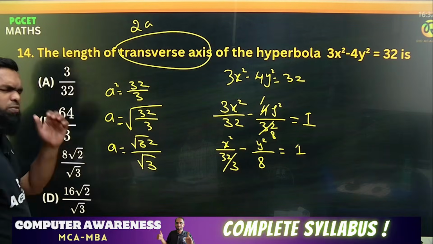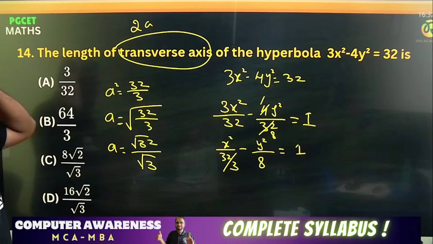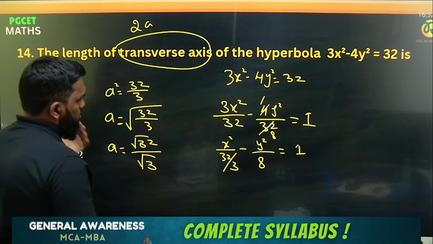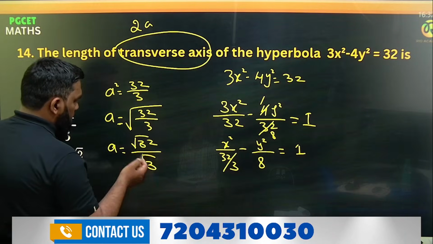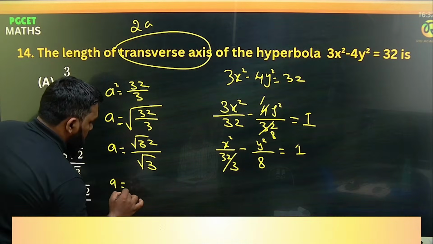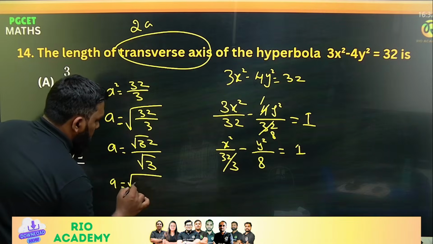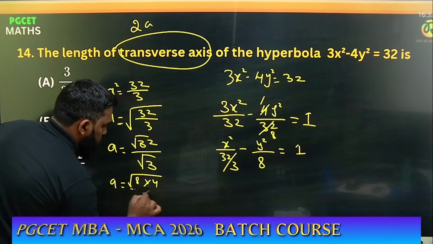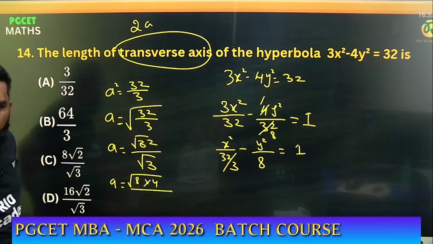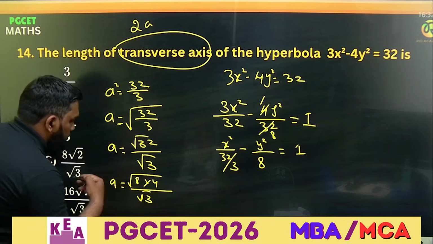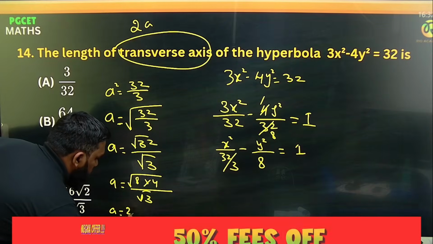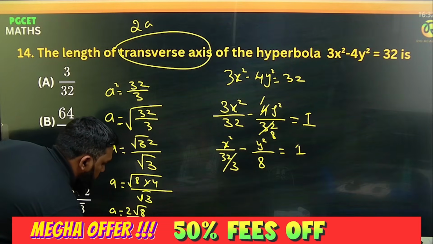And 32 can be factorized. We are going to expand it first. That is, 32 can be written as 16 into 2, and root 3 as it is. Taking the 16 outside, a is equal to 4 root 2 divided by root 3.